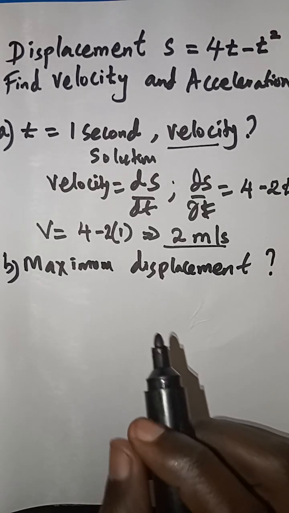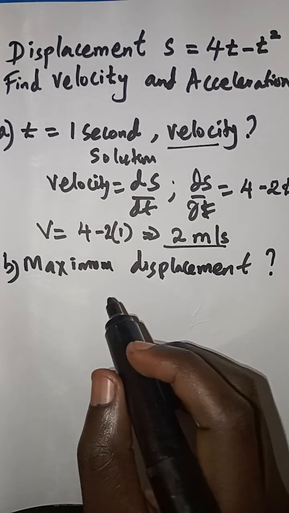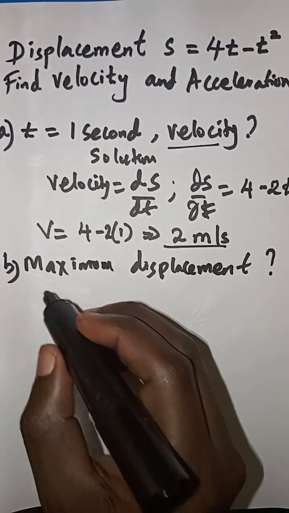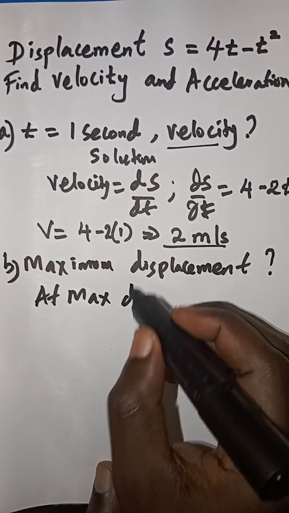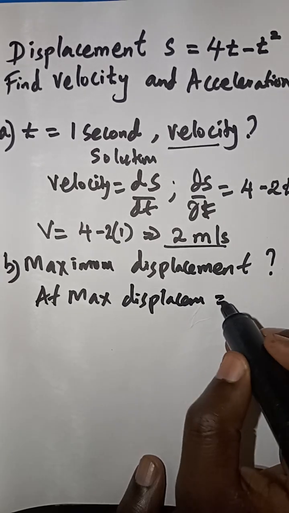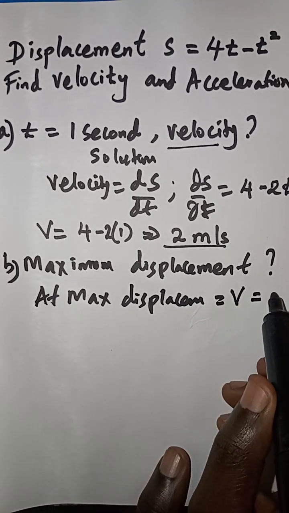At maximum displacement, you need to know that our velocity will always be 0.